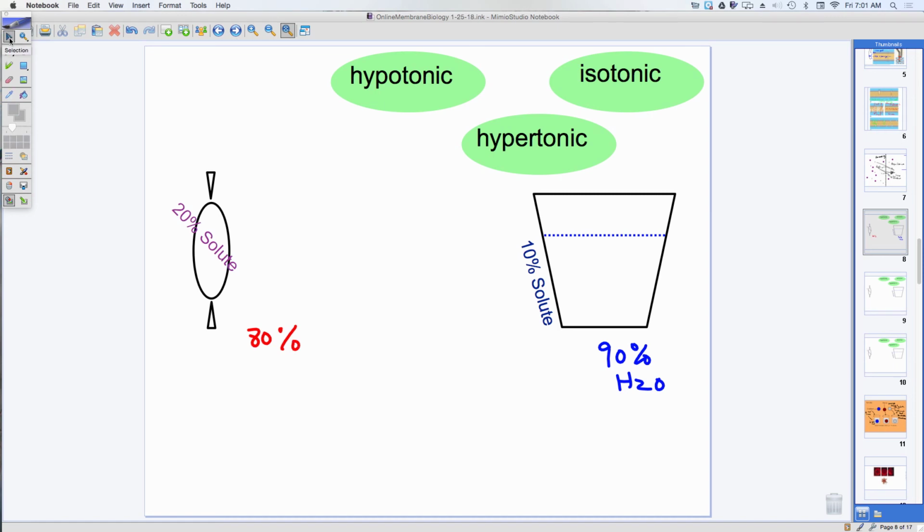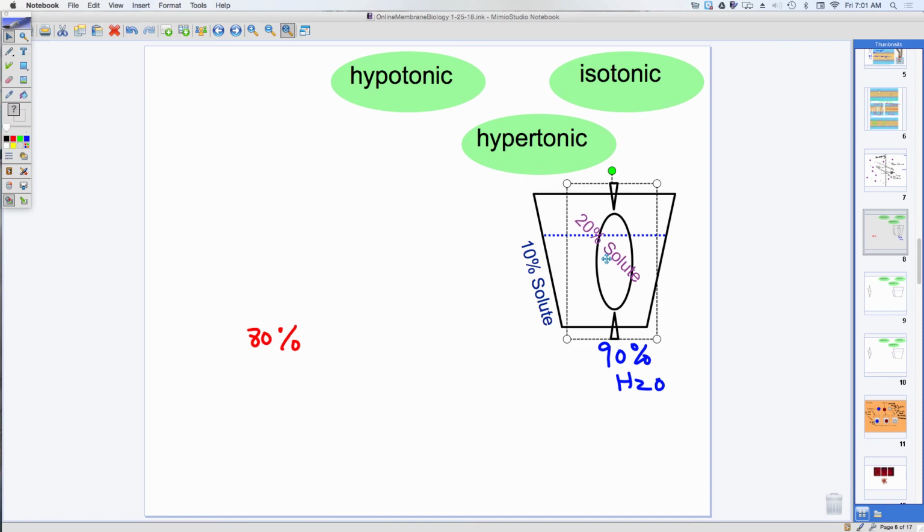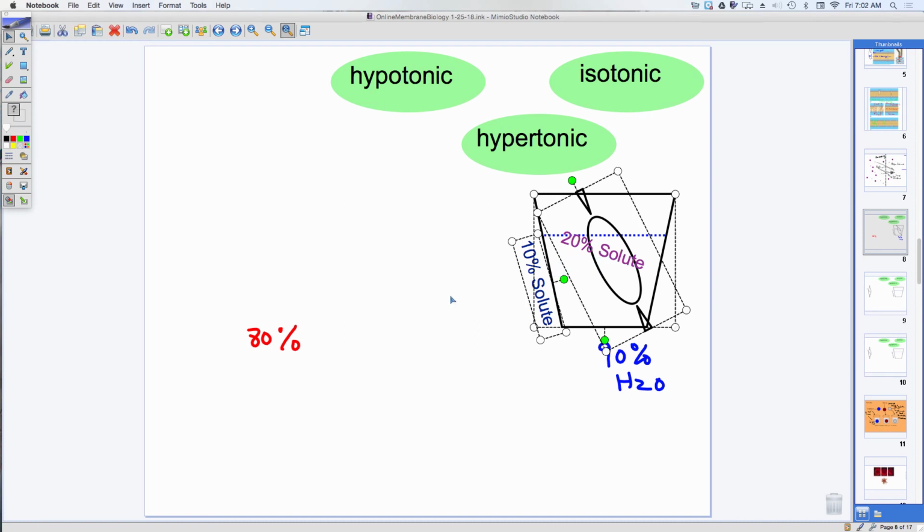So we're going to take this bag, which has a semi-permeable membrane, and put it into our solution. We're going to wait 24 hours and assess: does the bag increase in mass, decrease in mass, or stay the same? Because the solute concentration is higher inside the bag, we're going to have more water flowing in than water flowing out.